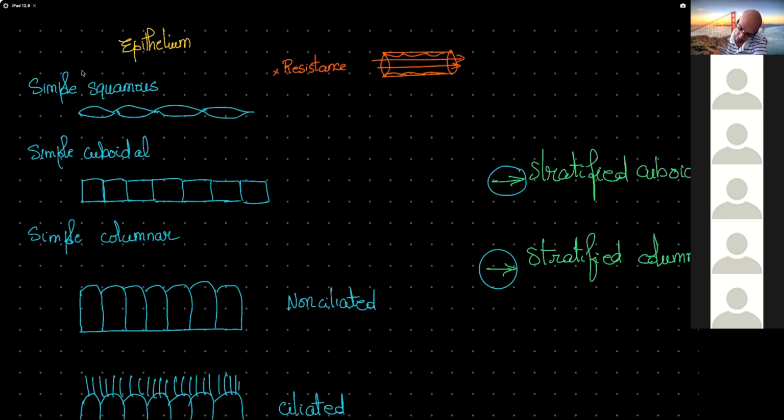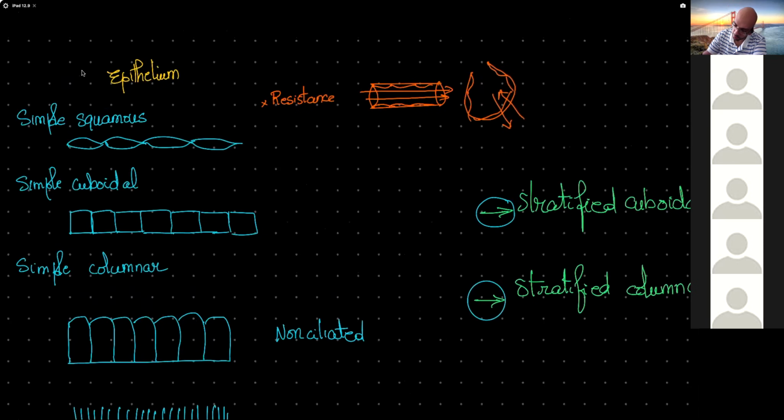I need simple squamous epithelium to be lining my air sacs. Why my air sacs? Because it's going to be allowing the diffusion of the gases in and out of the air sacs. So I need minimal resistance. I don't want to have large cells on here that will be limiting the passage of the gases in and out of my air sacs. So another location is going to be the air sacs of the lungs, which are lined with simple squamous epithelium.